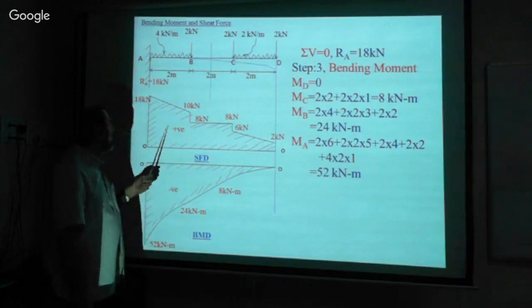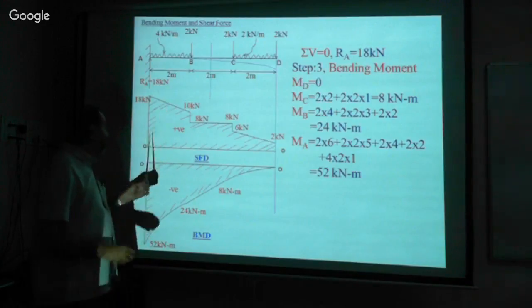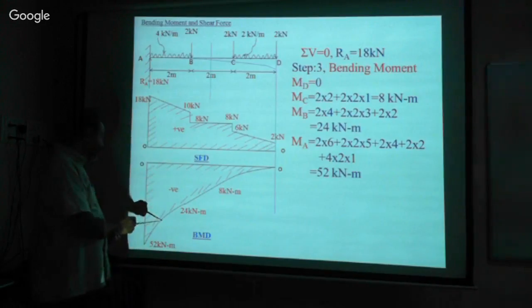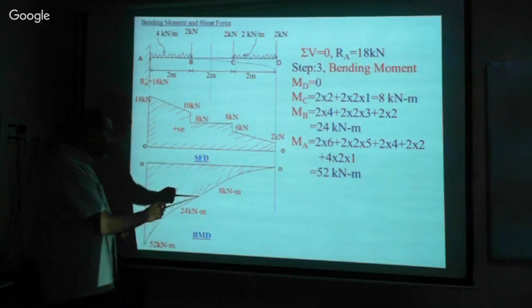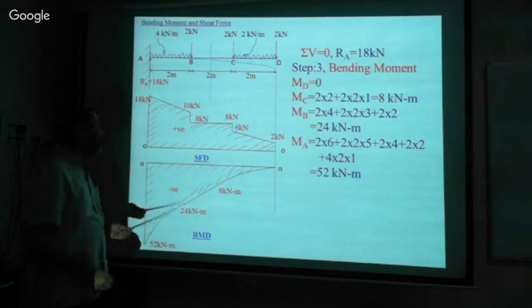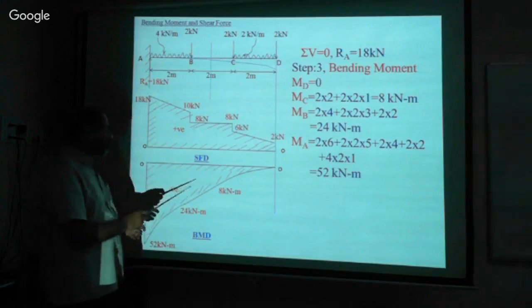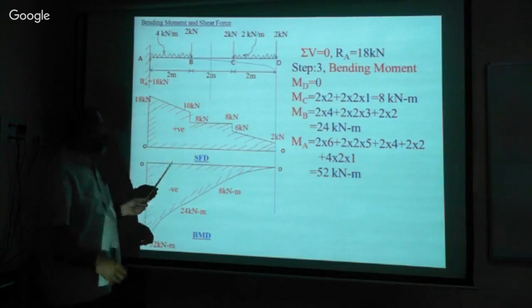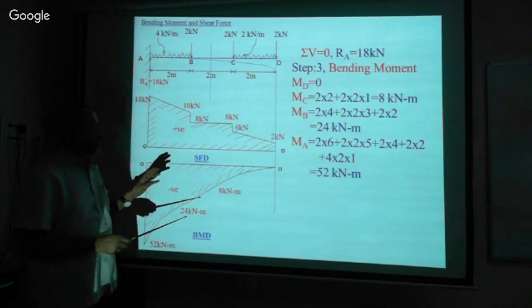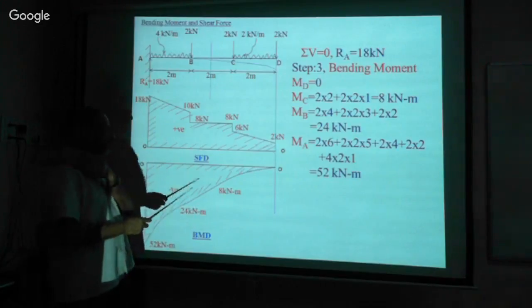From there, directly we can measure the shear force from here to here, and the bending moment from here to here, and wherever you want. Normally the bending moment and shear force diagrams are plotted to some scale. According to your convenience, this one is not to scale.